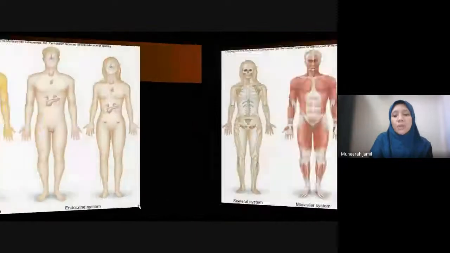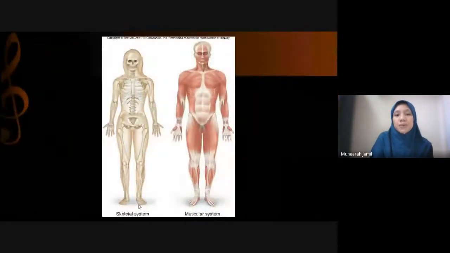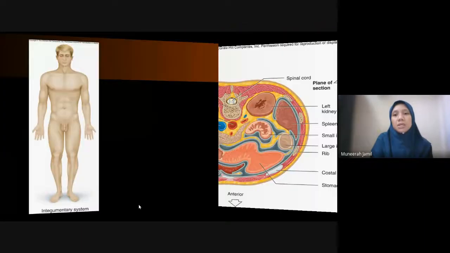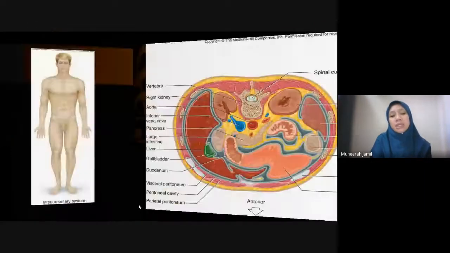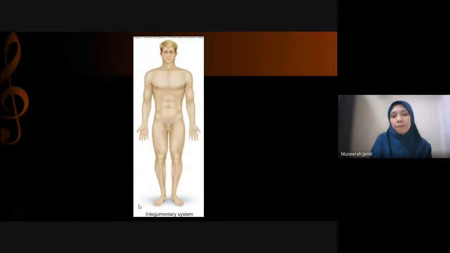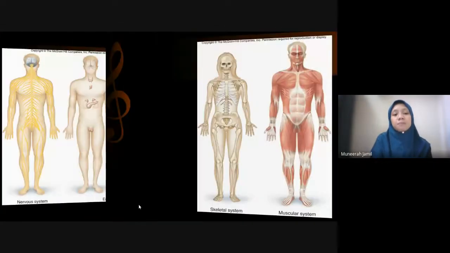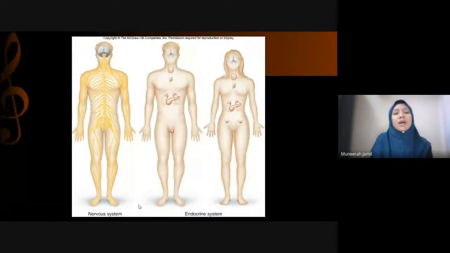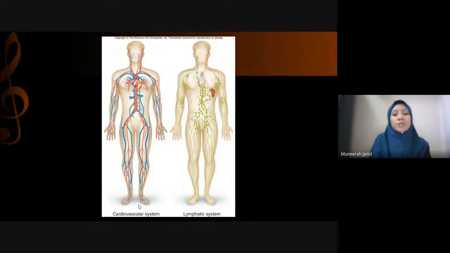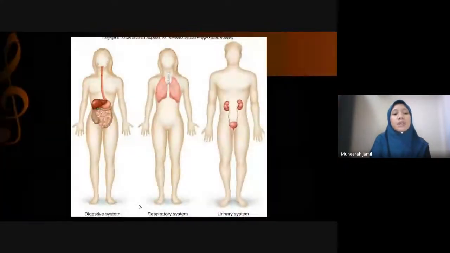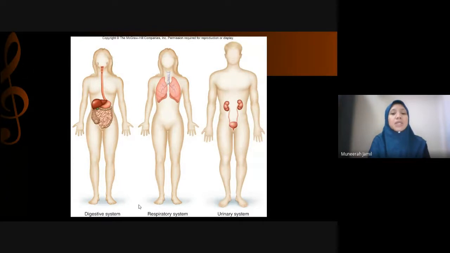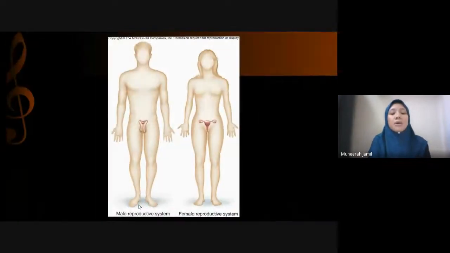Okay. In our body, we have a few systems. After finishing the cavities, I want to explain the systems that exist in our body. We have what we call the integumentary system, which explains the skin, the largest organ, and then we have the skeletal system and the muscular system, that work together, interrelated with each other, and then the nervous system and the endocrine system that are also interrelated with each other, the cardiovascular system, lymphatic system, digestive system, respiratory system, urinary system, and the reproductive system.